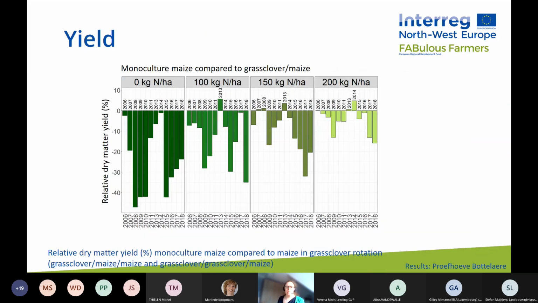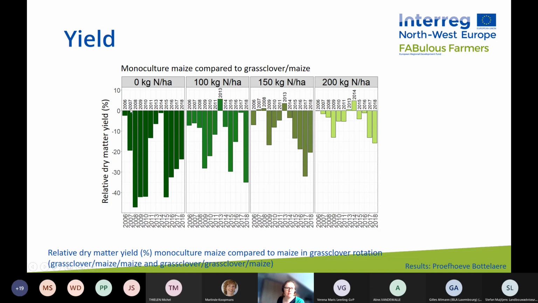When we have a look at the yields, it's divided into the same amounts of nitrogen used on the field. And how can you interpret this graph?